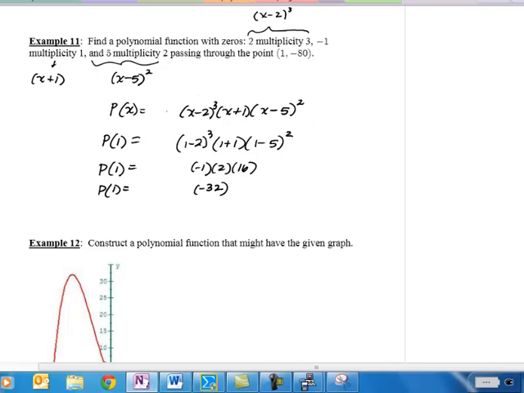And the way we would make that happen would be changing the coefficient in front, right? So a vertical stretch or compression will help us get the point (1, -80) without moving the zeros.